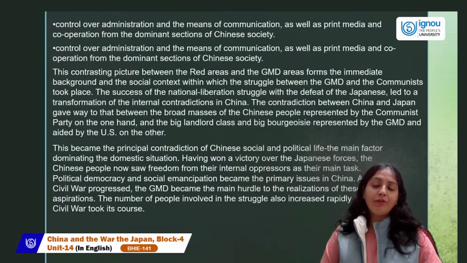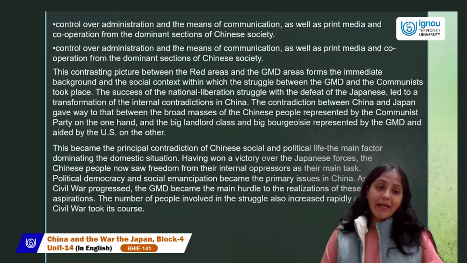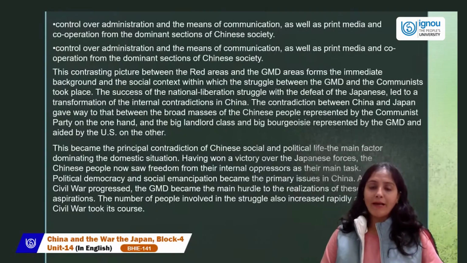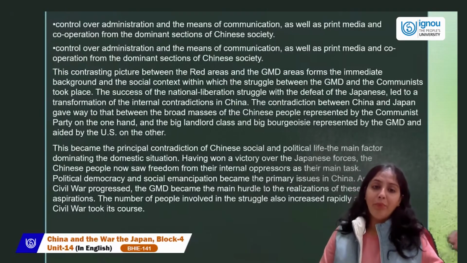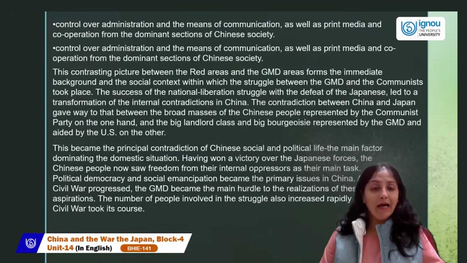The contradiction between China and Japan gave way to that between the broad masses of Chinese people represented by the Communist Party on the one hand and big landlord classes, big bourgeois represented by the Kuomintang and aided by the US on the other hand.